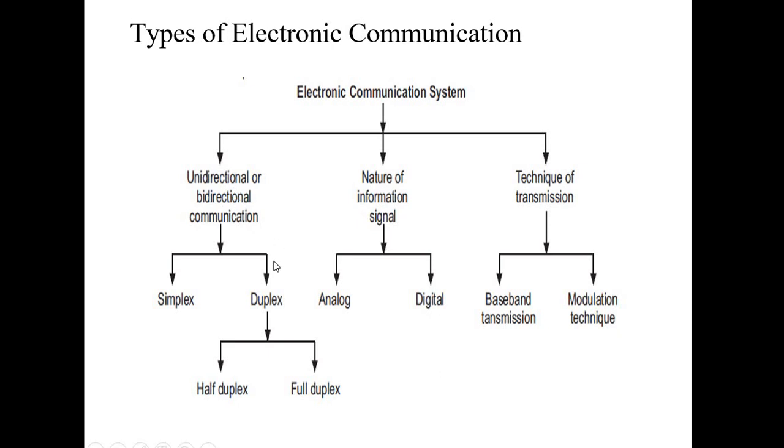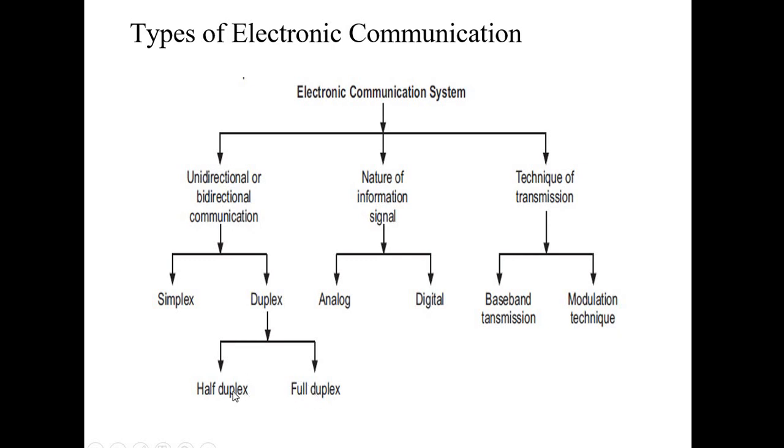The another type of transmission is duplex transmission or duplex communication system, which allows bidirectional transmission. So both the ends in the communication can transmit as well as receive. Then the system is called as a duplex communication system. There are two types of duplex communication systems. First is half duplex and second is full duplex.